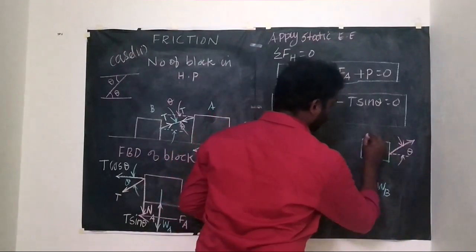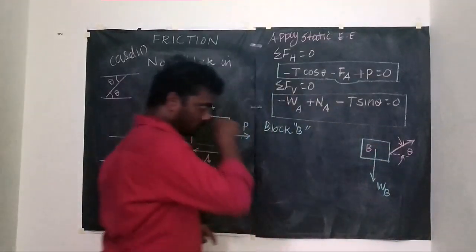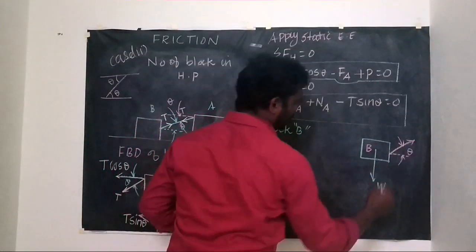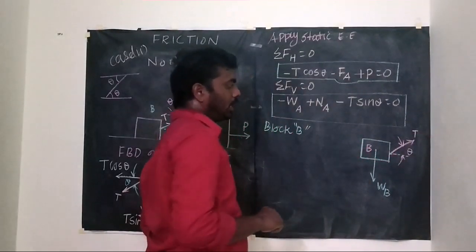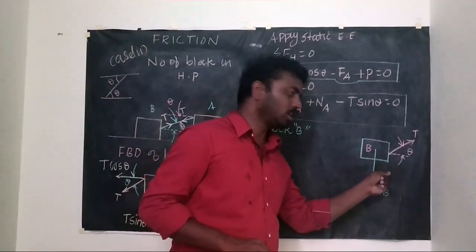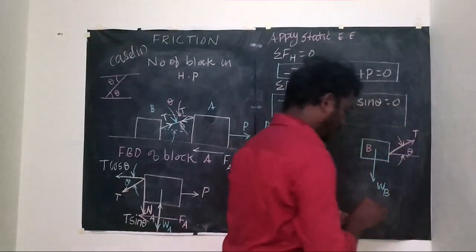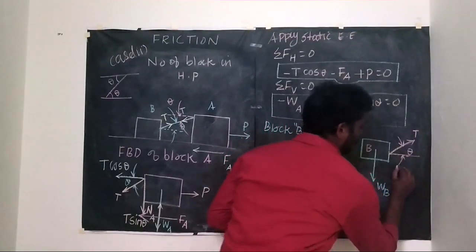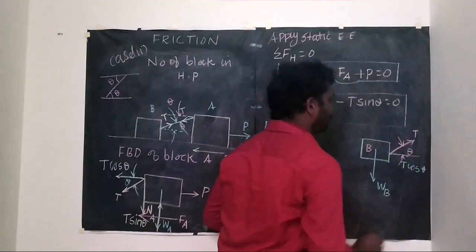Okay, this is my block B. Then self weight, then tension force T. Here the tension force is acting inclined to this block. At that time this tension force is resolved into two components. One is along the horizontal line, that is T cos theta.